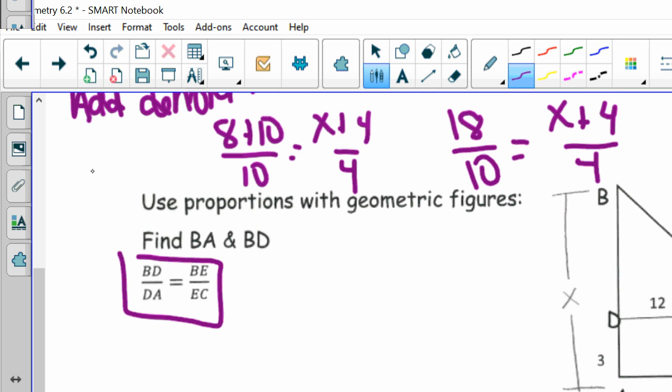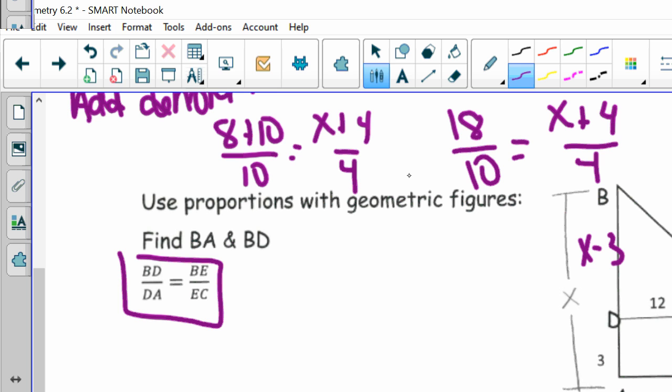Okay, so BD. I don't know what that is, but I know that this little part down here is 3. The entire thing is x. So let's say that I knew that BA was 10. If I did 10 minus 3, that would get me BD. So I can use that philosophy to write out that BD is really x minus 3.